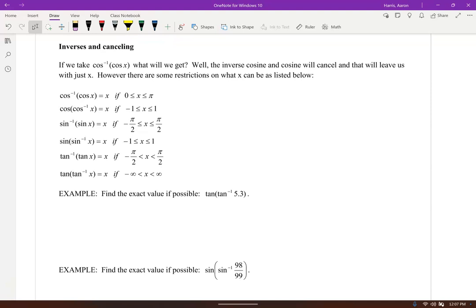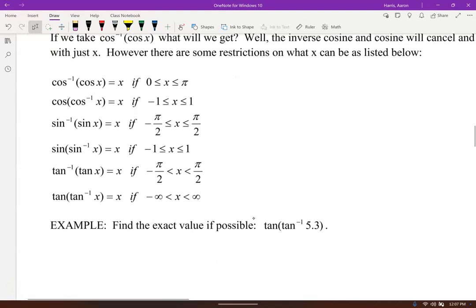So the inverses cancel each other, okay? So the arc cosine of the cosine, they'll just undo each other and leave you with whatever's in that position, as long as there are some caveats here. As long as, in this case, x is between 0 and pi. That's because the cosine was restricted between 0 and pi. Now, is the cosine typically restricted?